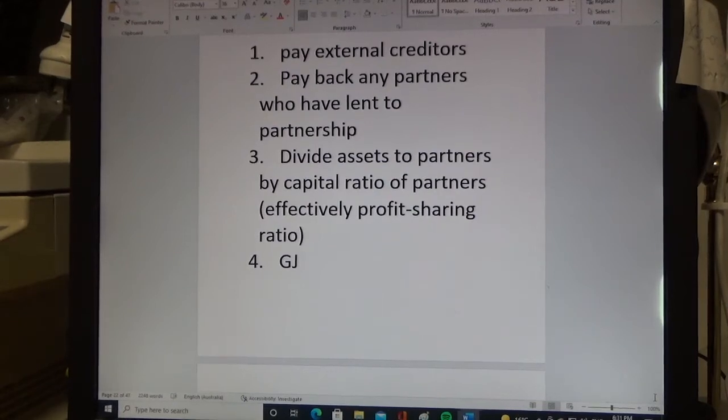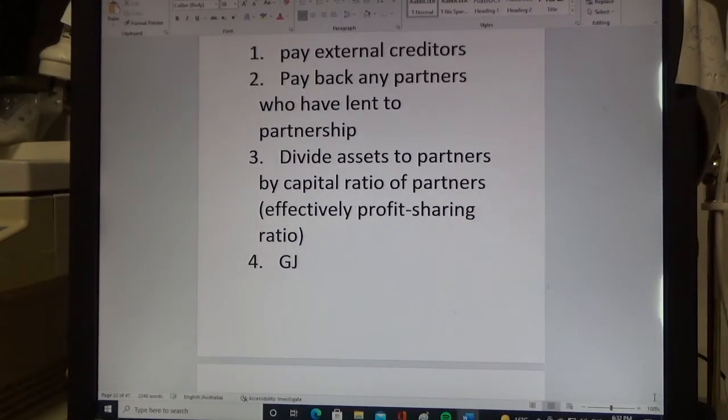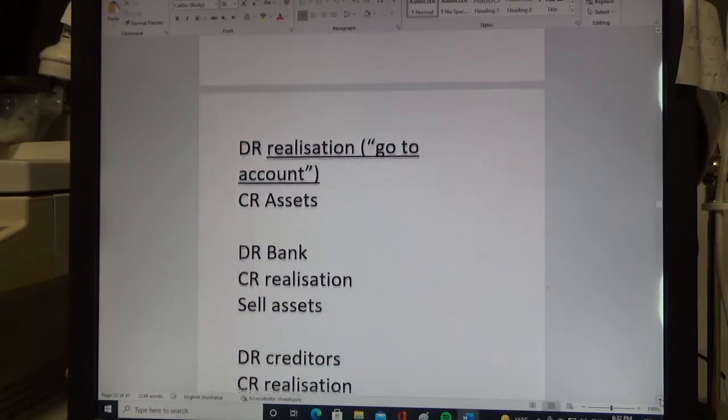But just keeping to partnerships, getting off the track a bit, you divide those net assets according to the partner's capital structure, which is effectively the profit sharing ratio, which we mentioned before. So general journal entries for all of this.